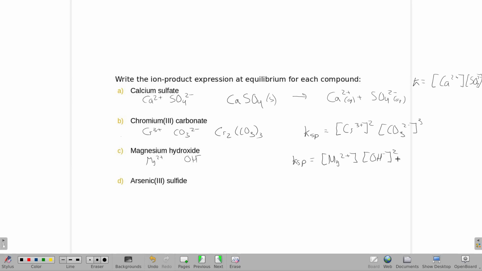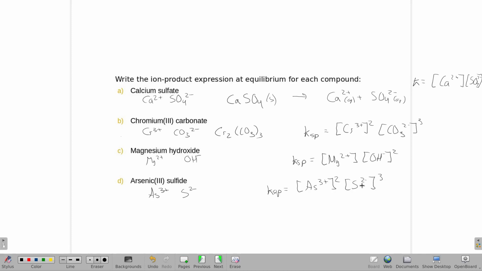Now the bottom one here, I have to do something kind of different with it, because arsenic being As3 plus and sulfur being 2 minus, you might immediately want to write down As 3 plus 2 and sulfur 2 minus 3. In this case you would be wrong though.